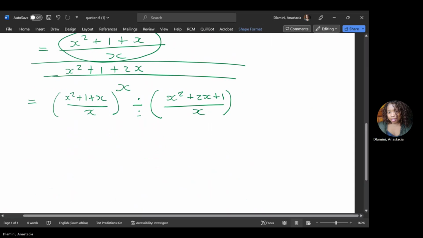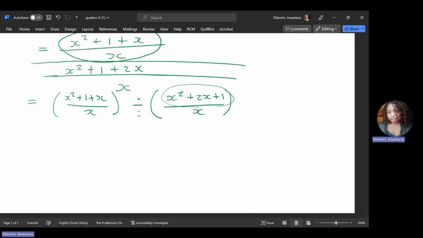Okay. This top term here will become the bottom, and the bottom one will come on top. So basically the numerator becomes the denominator and the denominator becomes the numerator. So now this is equal to (x squared plus x plus 1) over x times x over (x squared plus 2x plus 1).